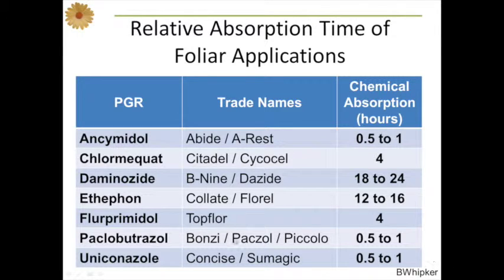Brian mentioned a couple of these that are very quick. And when we talked about the ethephon and dimethomorph that are very slow to be absorbed by the plant. And our benzyladenine falls in this range as well.